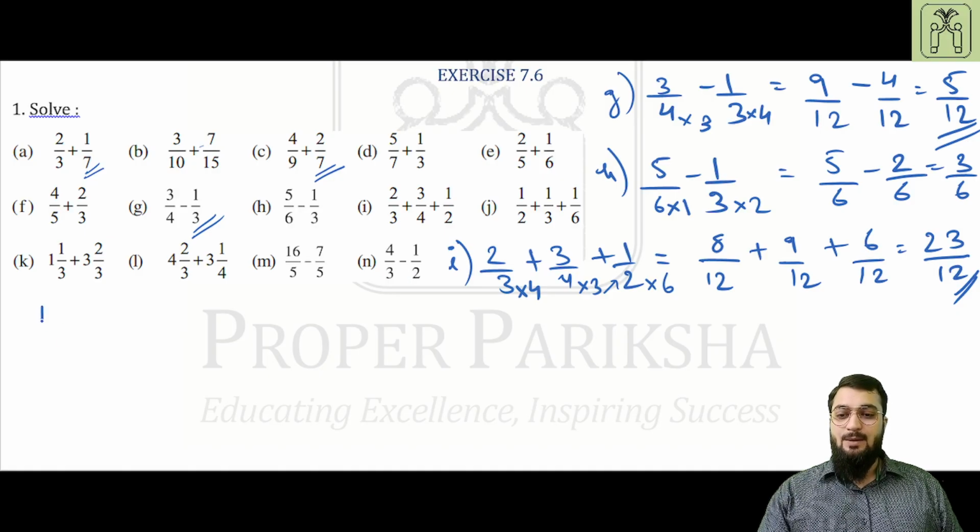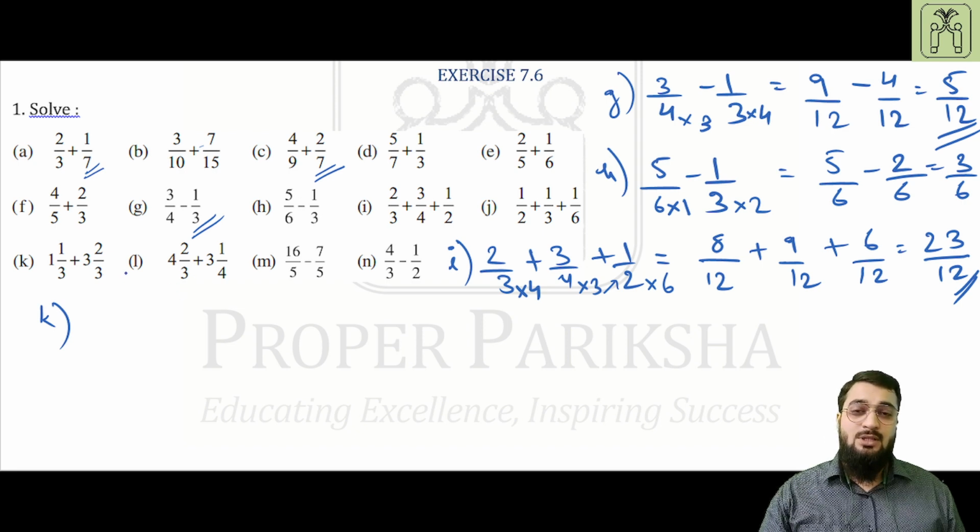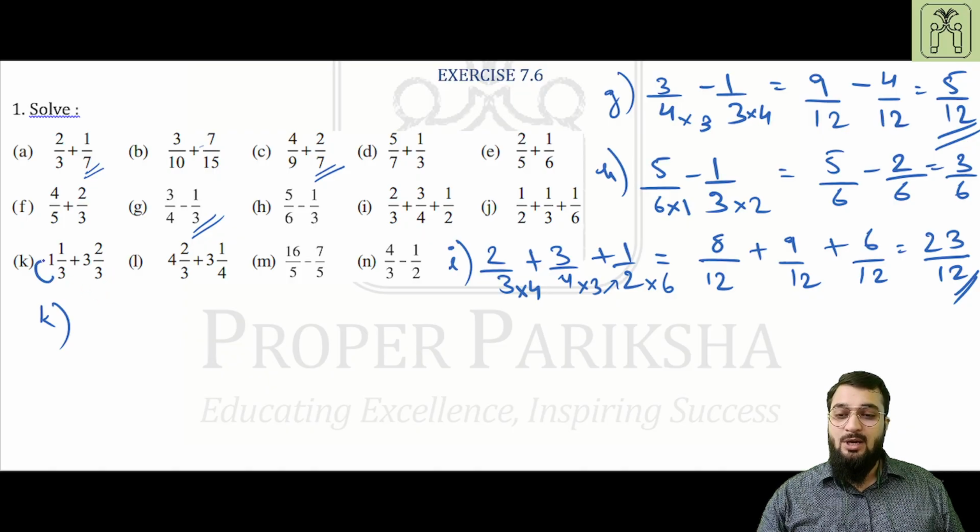Coming to part K, 1 1 upon 3 plus 3 2 upon 3. So how do we do that? First of all, we convert the mixed fraction into an improper fraction. Improper fraction can be done how? You just need to multiply the denominator with the whole and then add the numerator. So 3 into 1 is 3 plus 1 is 4.